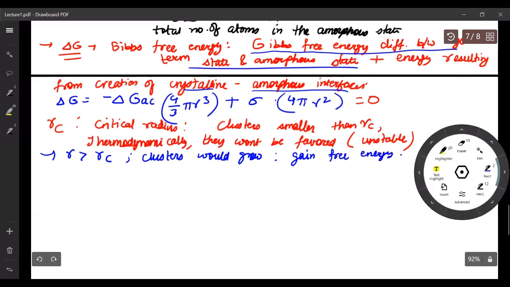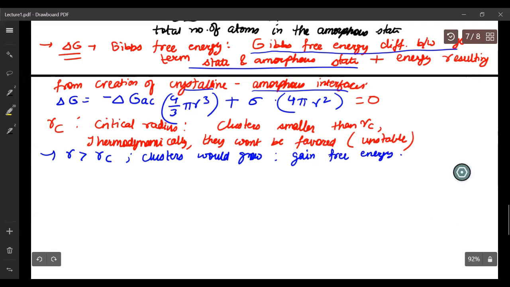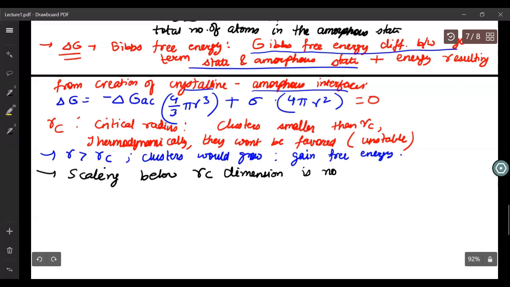And why have I been discussing this RC? I mean, if you look at it like this, there's no point discussing these thermodynamic effects. But there is a relation to memories. You cannot scale below this RC dimension, it is not viable.